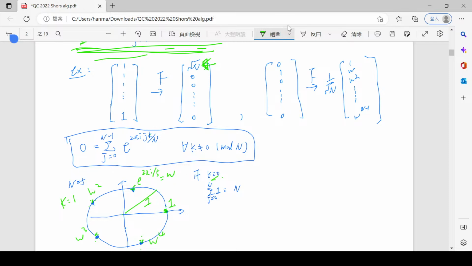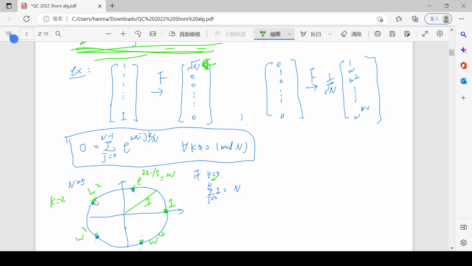And we only went over k equal to 1, right? Let's say k equal to 2. We are also summing over those 5 points, just in a different order. So k equal to 2 and j equal to 0 is still this point, and for j equal to 1 you will have 2 pi i times 2 over n.